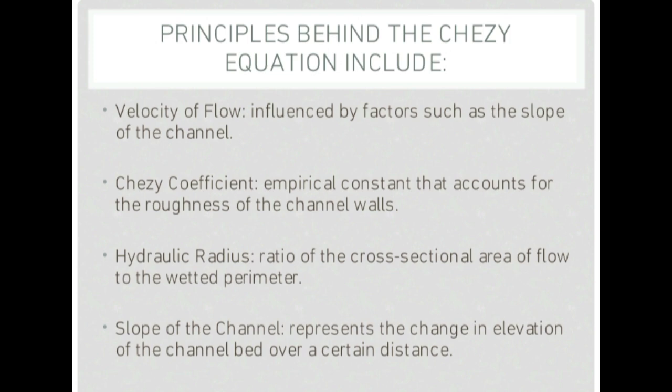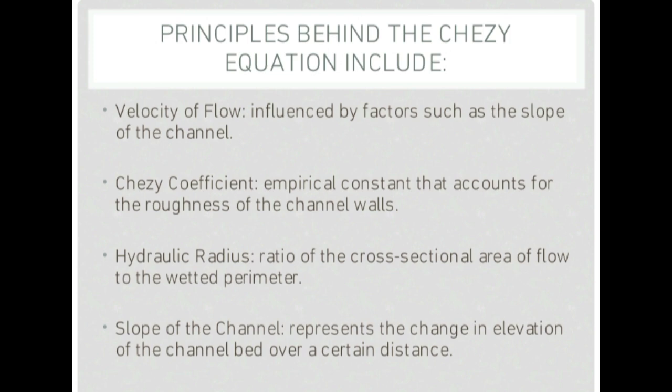Next, hydraulic radius, or R. The hydraulic radius is the ratio of the cross-sectional area of flow to the wetted perimeter. It represents the effective flow area per unit of wetted perimeter and is a measure of the efficiency of flow. Last, slope of the channel.